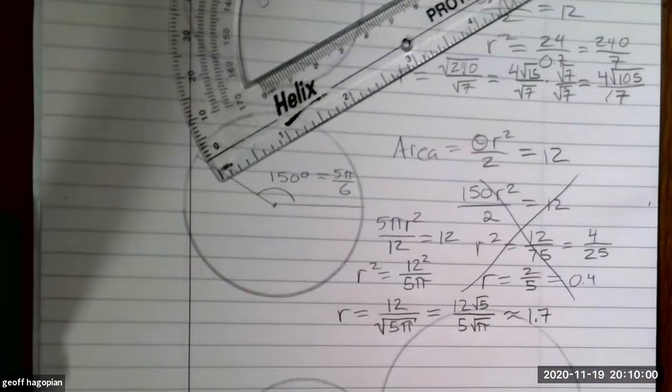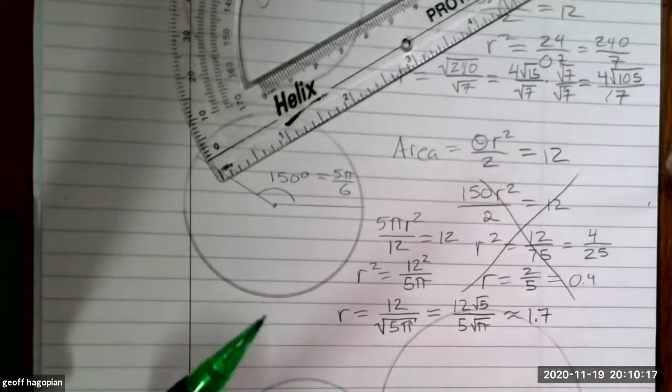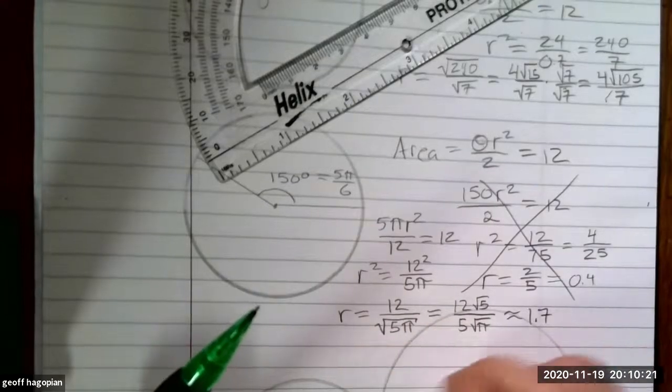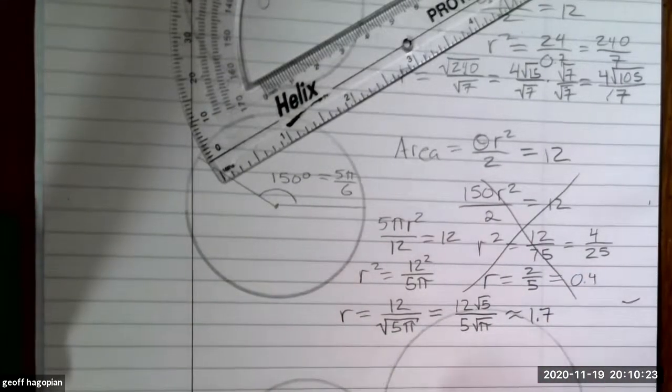And then the center of that circle is here. Center of this circle is here. And so this is 1 and 2. Oh, sorry, 2 and 3. Are we out of time? I'm afraid we are. 2 and 3.